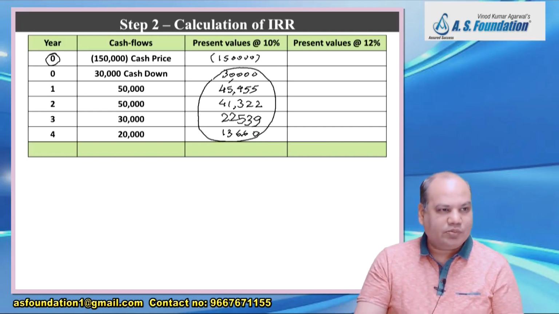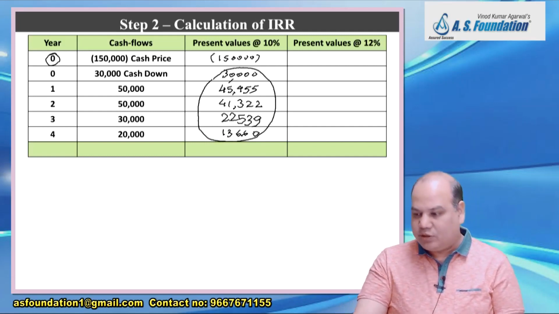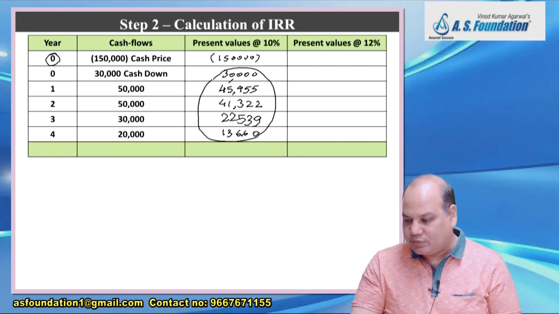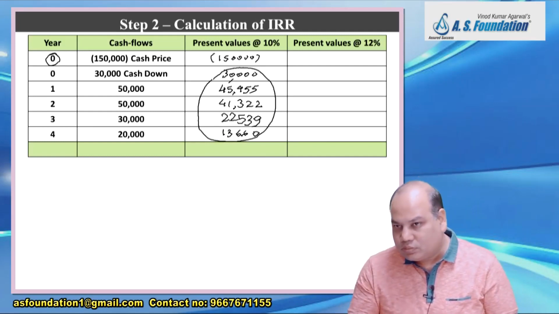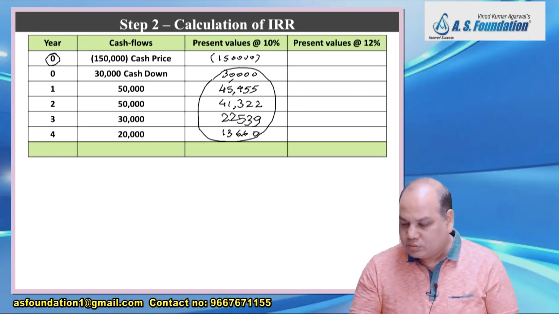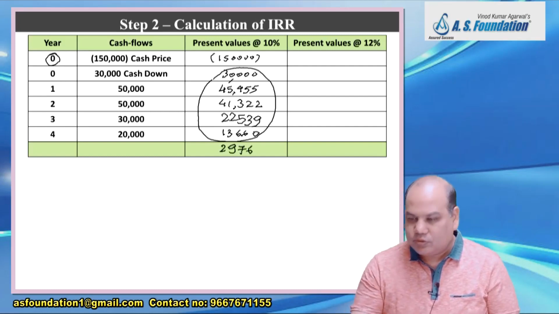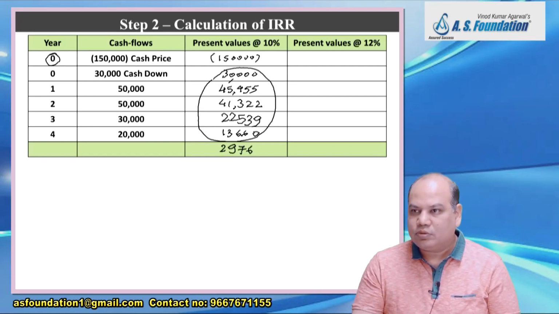Wait a minute. First you add all positive numbers, minus the negative number 1,50,000. Minus 1,50,000 equals 2,976. Is it 2,976, after deducting 1,50,000? It is not 0.